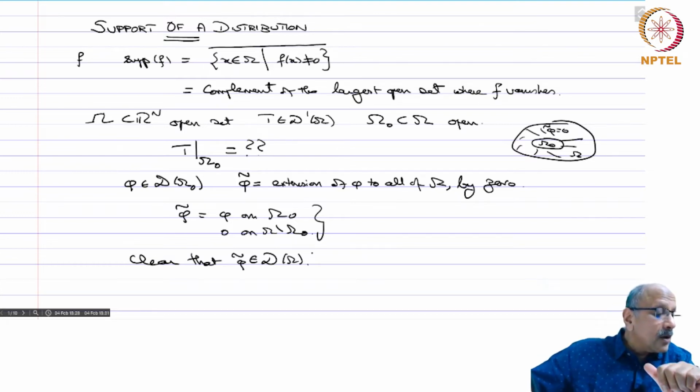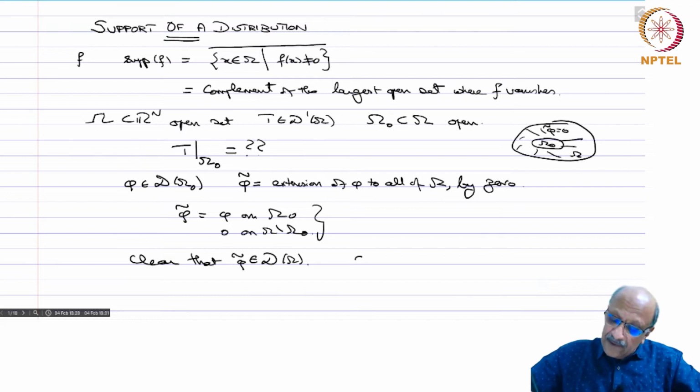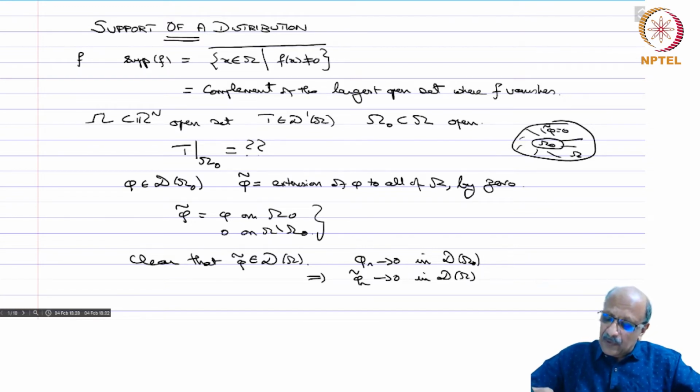Now if phi n goes to 0 in D of omega naught, then phi tilde n will automatically go to 0 in D of omega, because the support of phi tilde n is the same as the support of phi n. They are all contained in a fixed compact set K, and on that compact set everything goes to 0 uniformly, all the derivatives, and therefore this also implies this.